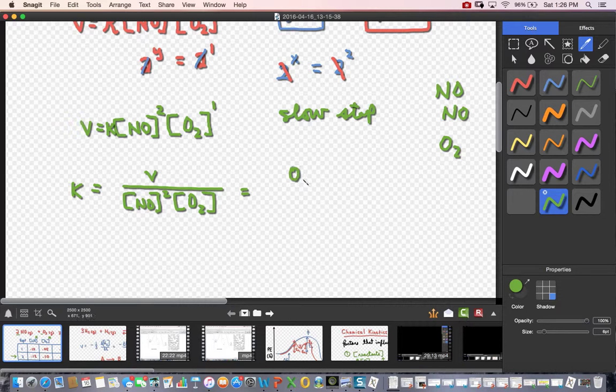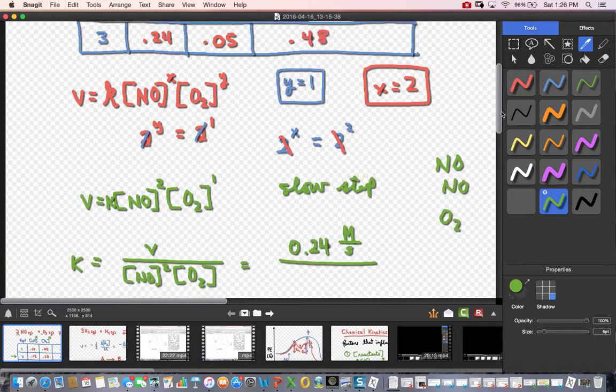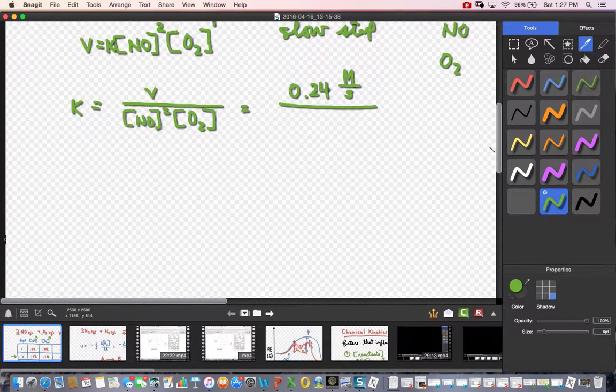That is 0.24 molar per second divided by, I could do 0.12 squared, but if I'm on a test that doesn't allow a calculator, I would prefer to do it this way. And I think it'll be obvious in a moment.